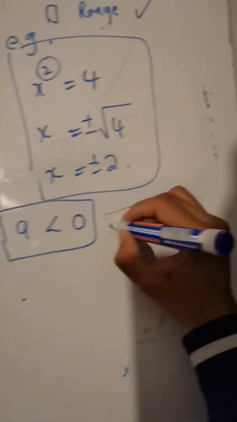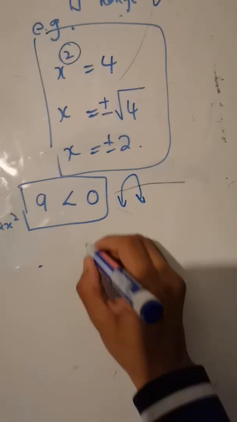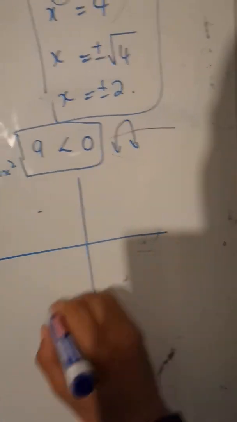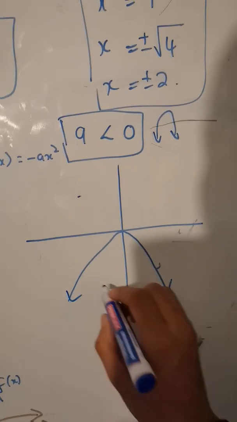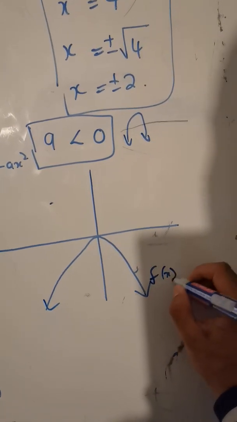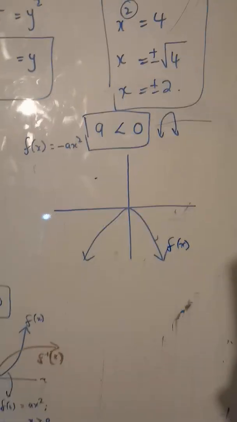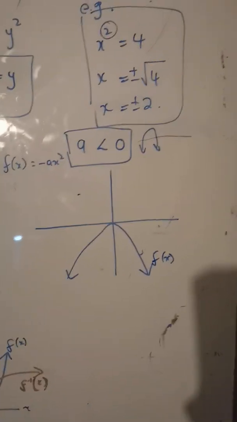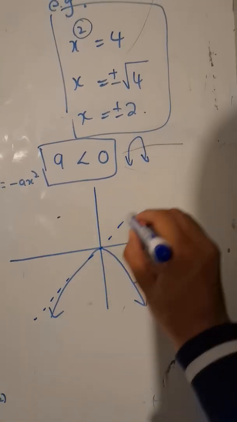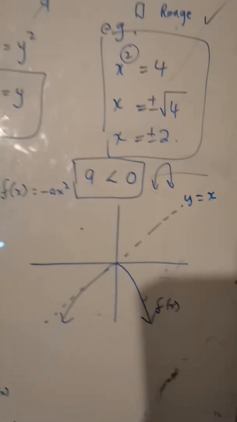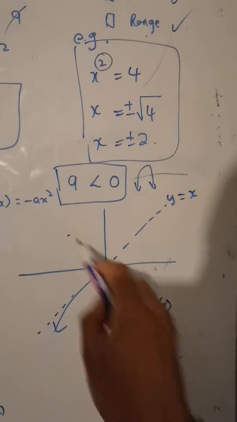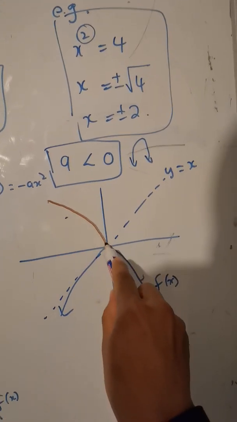And if a is less than 0, it's a sad graph, a sad parabola. But let's say that's our original graph. Now if we reflect that graph over the line y equal to x to get the inverse, the inverse of that graph is going to look like that.